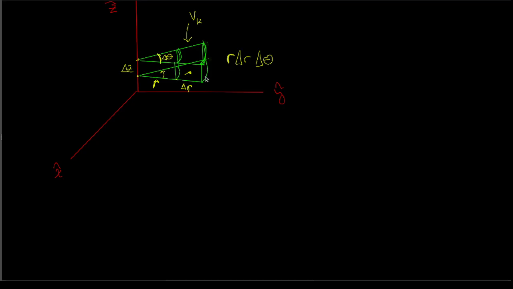And so the total volume component for each kth component, my change in volume element for a kth component would be r sub k, delta r sub k, delta theta sub k, delta z sub k.